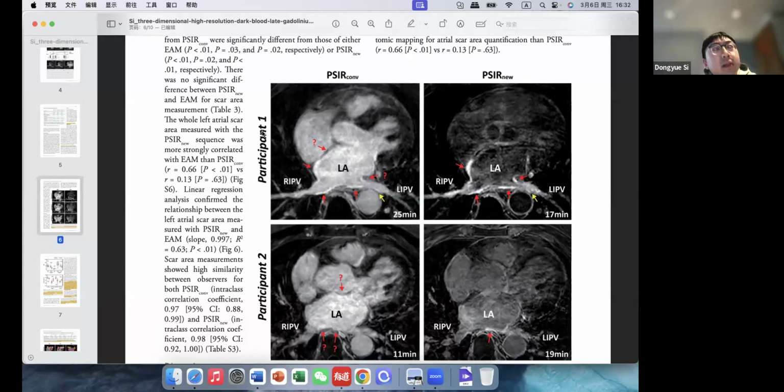We used adiabatic T2 preparation in this study, because this was performed at 3T, and I think an adiabatic T2 preparation may have better performance. And yes, I think the T2 preparation may be a factor that causes the inflow artifact.